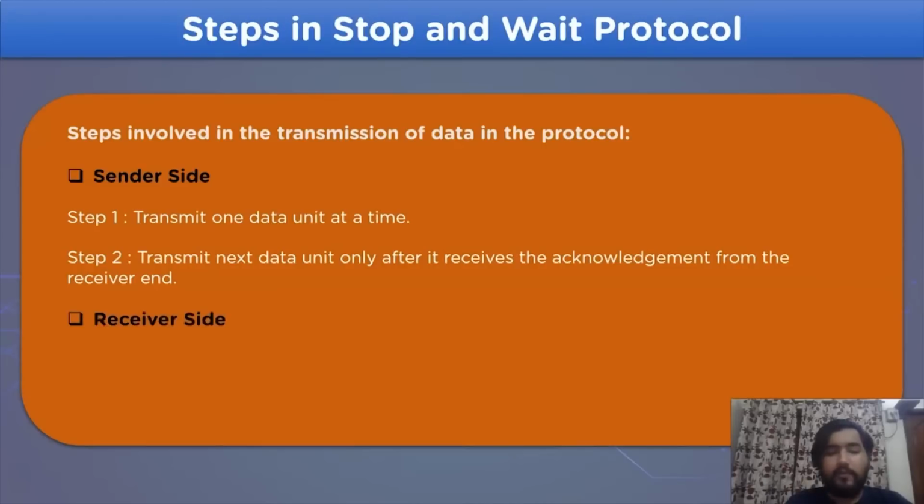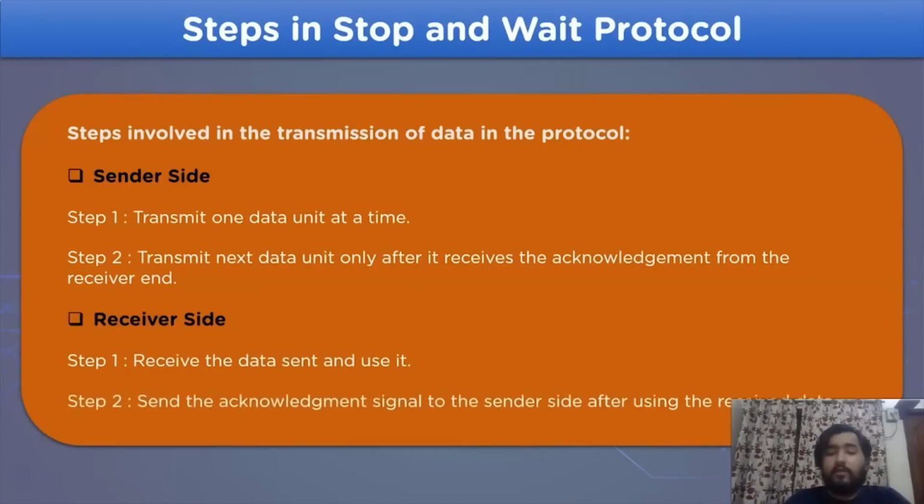Now let's move on to the receiver side. In the receiver side, step 1 is to receive the data and use the data that is being sent. Then the second step is, after the data has been used by the receiver side, it will send the acknowledgement to the sender side for further data transmission. This is how the transmission of data takes place in the protocol.